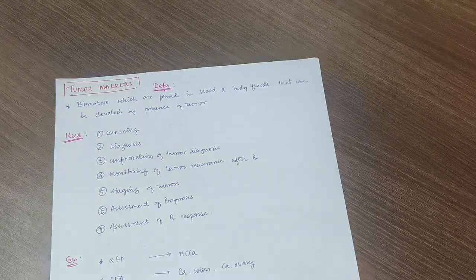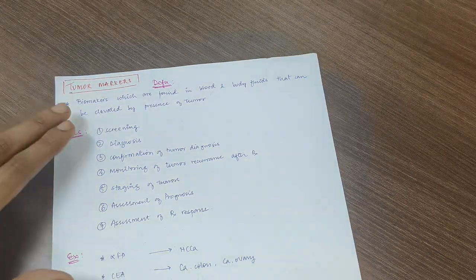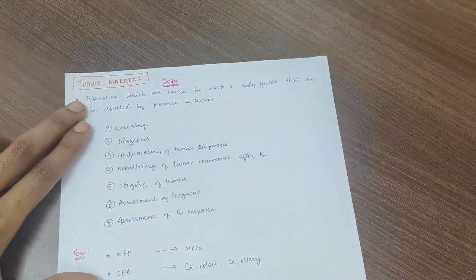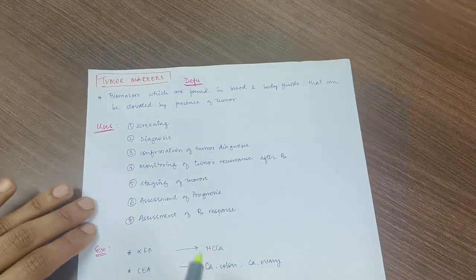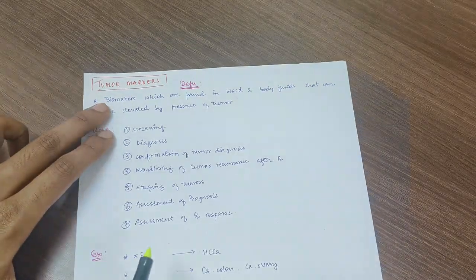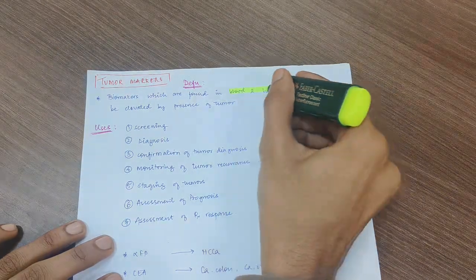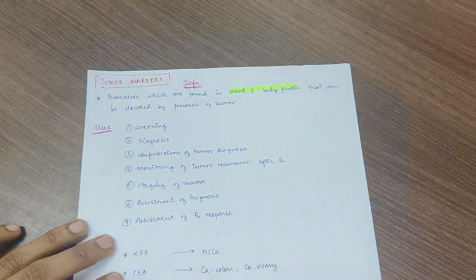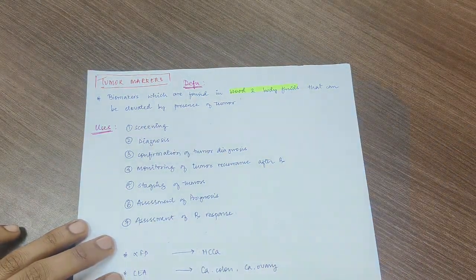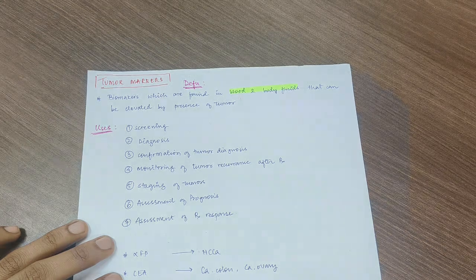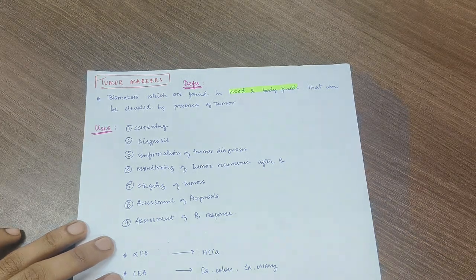Lastly, we are going to talk about tumor markers. This is the definition of tumor markers: biomarkers which are found in the blood and body fluids that can be elevated by the presence of a tumor.